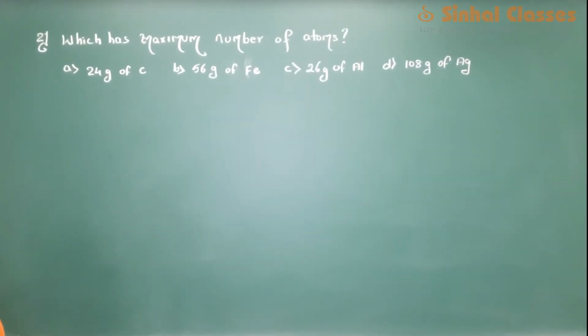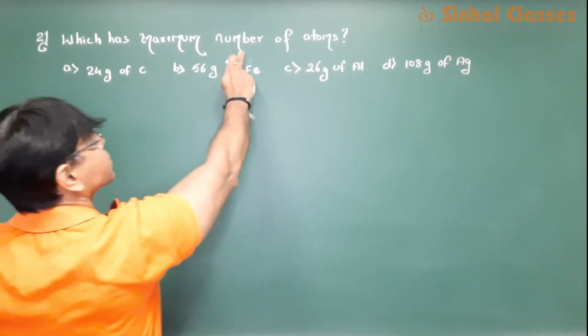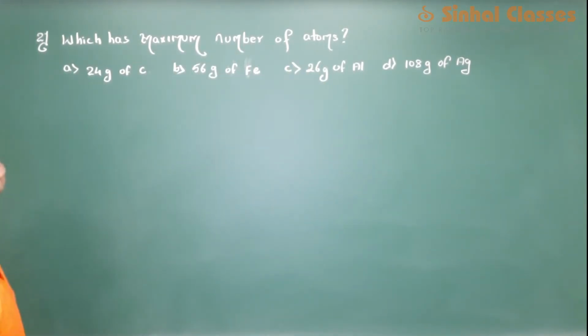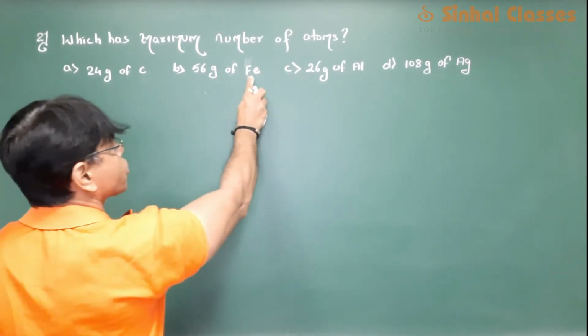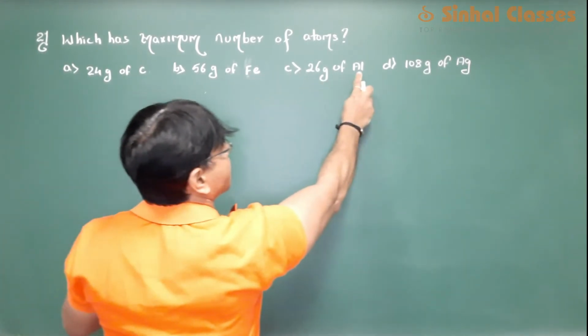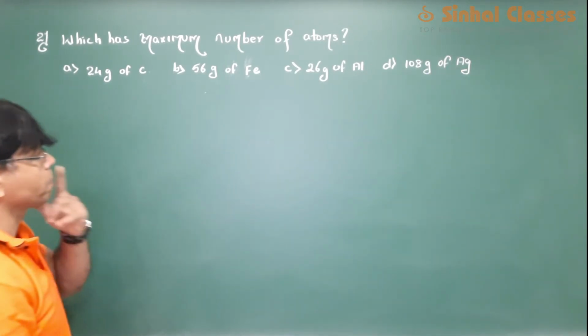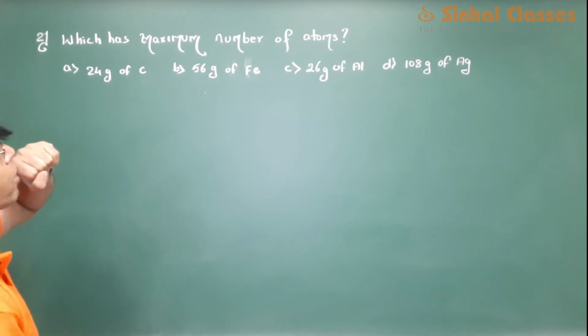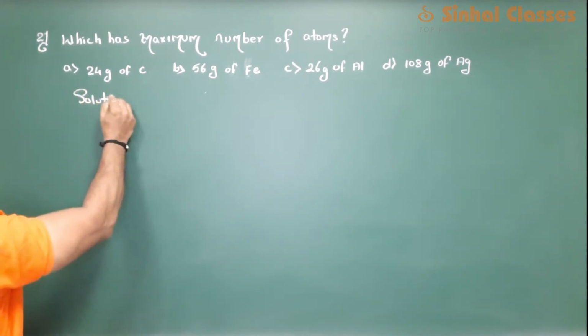We go for the second question now. The question says, which has the maximum number of atoms? 24 grams of carbon, 56 grams of iron, 26 grams of aluminium, or 108 grams of silver. Now how to solve this? It's very simple.